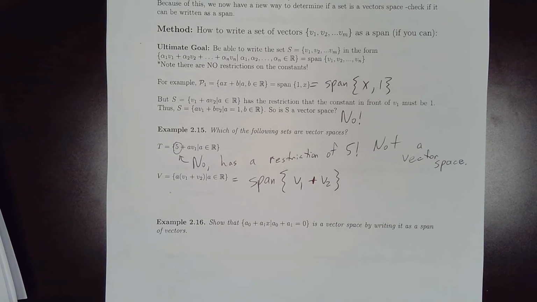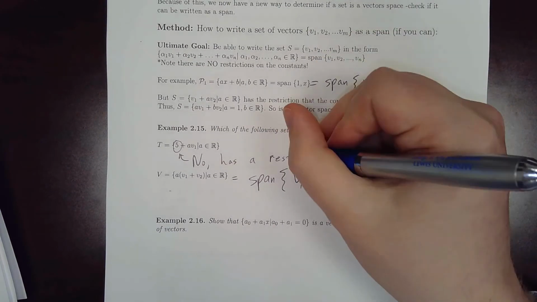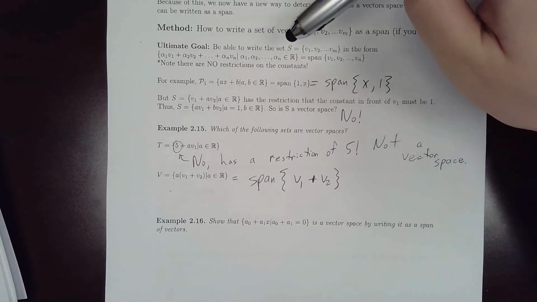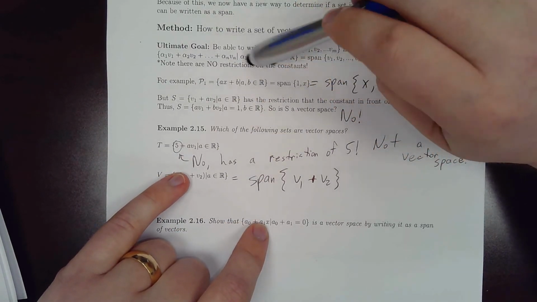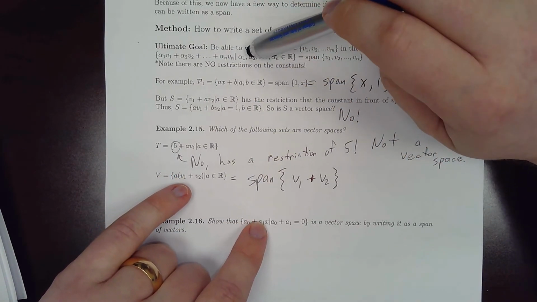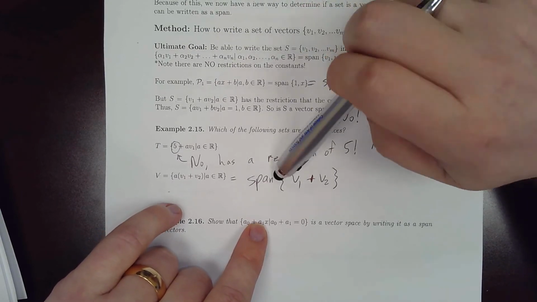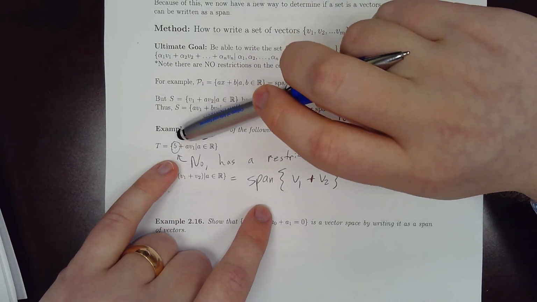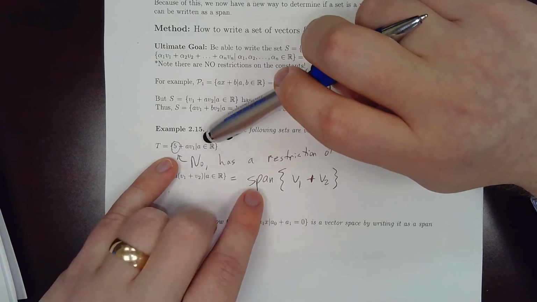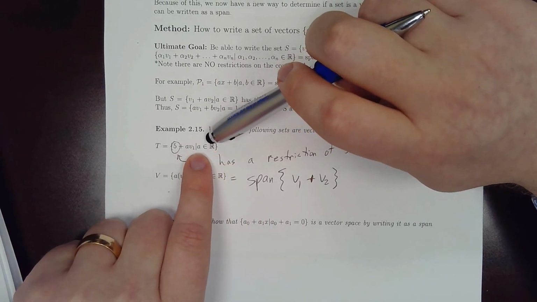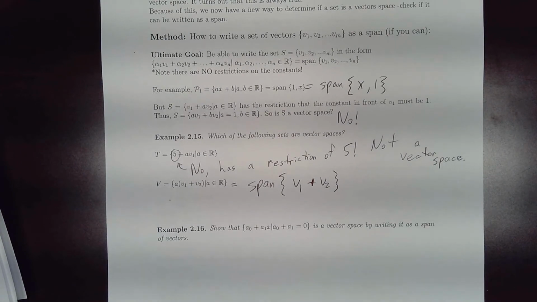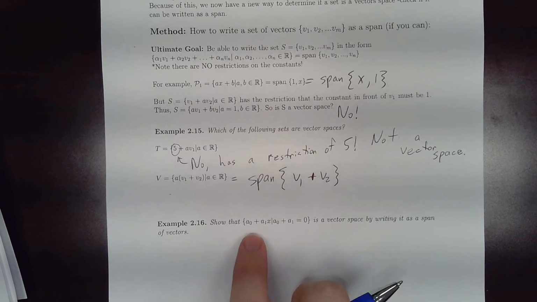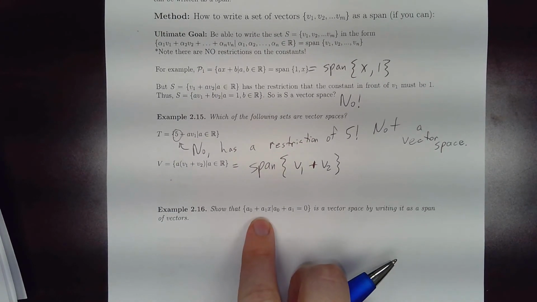As long as our restrictions end up allowing us to have our arbitrary coefficients that we can use to multiply by our vectors, that's a restriction we can work with. When we have things that are unattached to these arbitrary coefficients, that's when we end up having something that won't be a vector space.